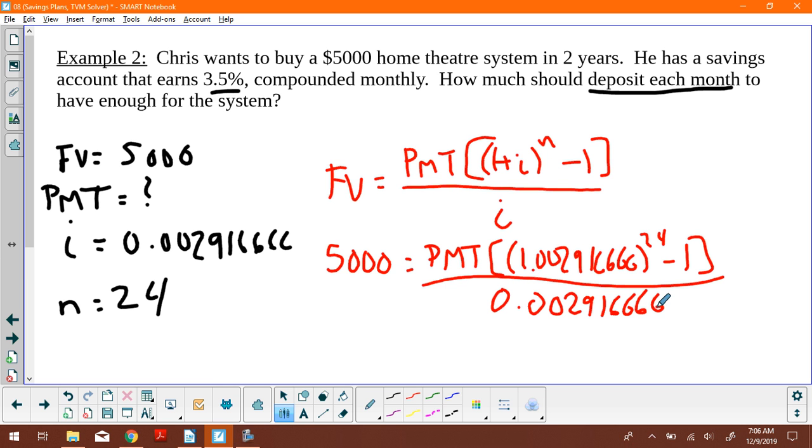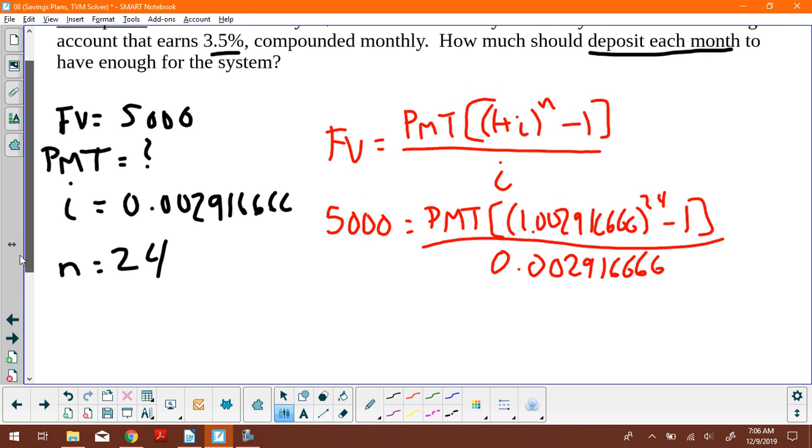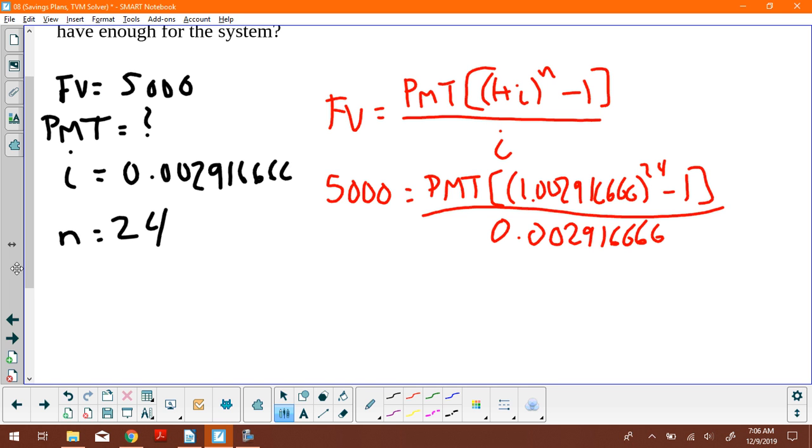Just for the sake of moving this along, because we've done this many times, I'm going to jump a step here and calculate this at once.